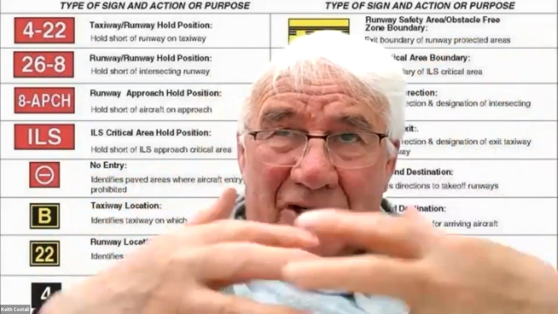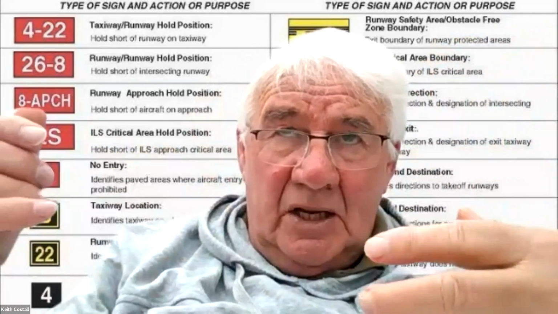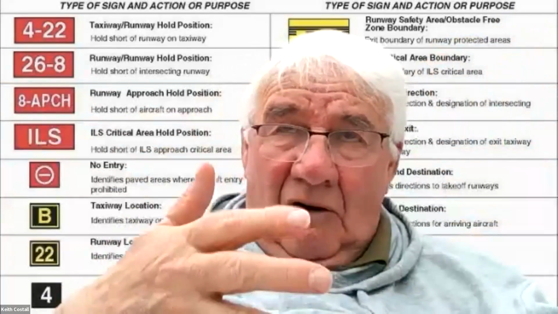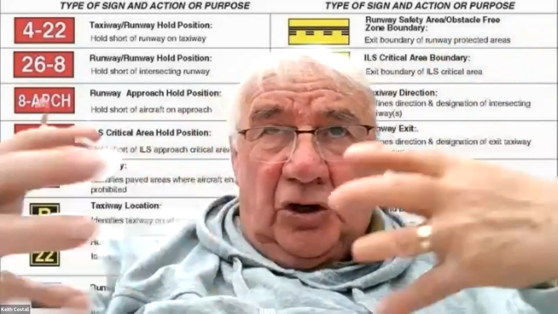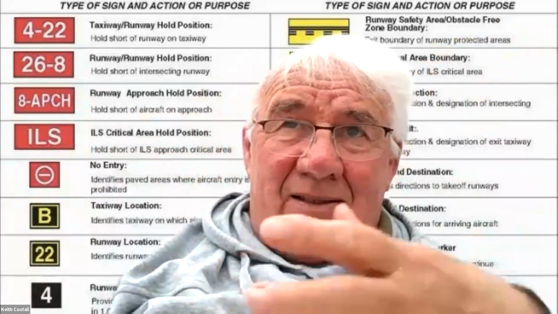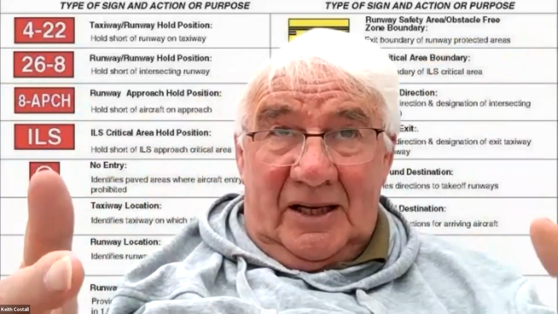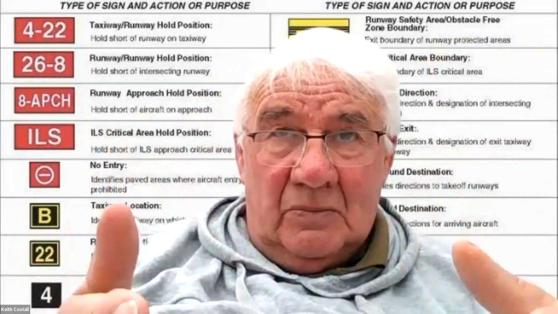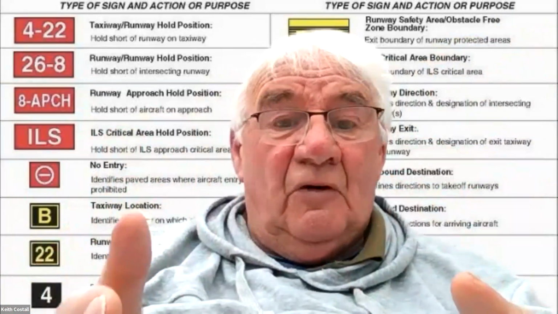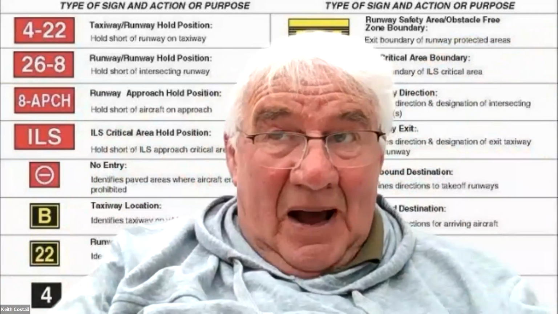Well, it is, because the most dangerous or most critical point of flight is either landing or taking off, and of the two, landing is the most critical. And when we're looking at the landing, the principal system that we use for the visual aids is the PAPI.